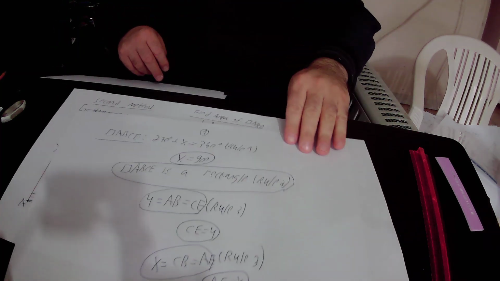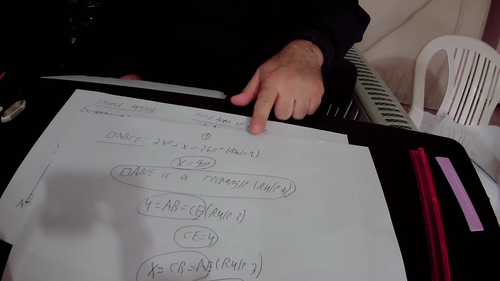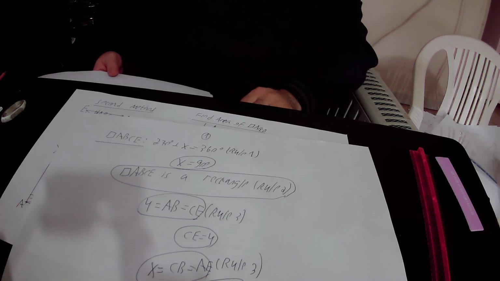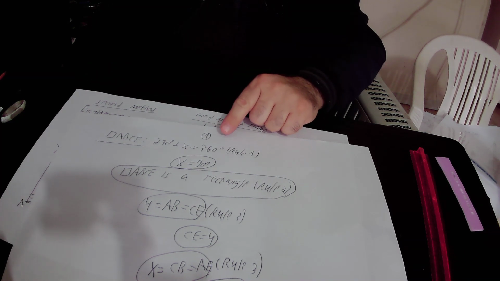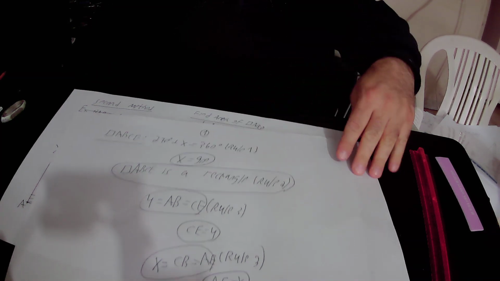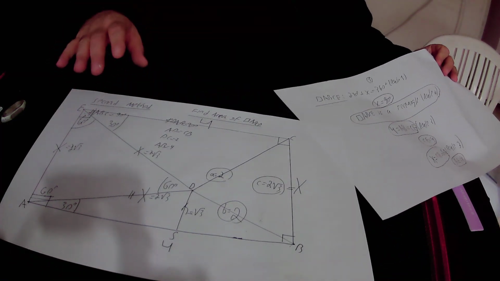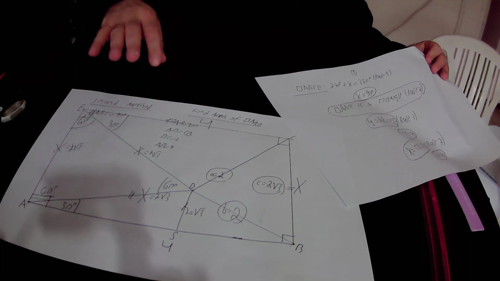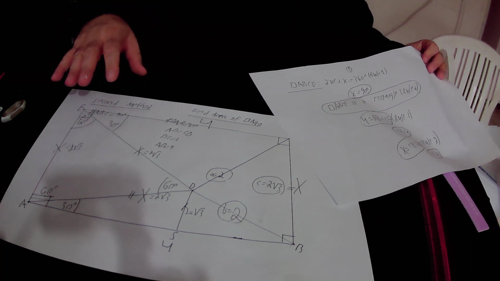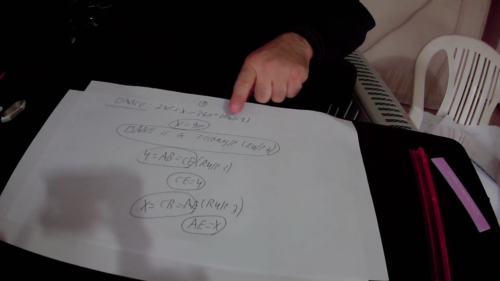In quadrilateral ABCE, 270 degrees plus x must equal 360 degrees. We subtracted 270 degrees from this equation, and we got that angle x equals 90 degrees. So angle x is a right angle. So quadrilateral ABCE has 4 right angles. Therefore, we can relate to quadrilateral ABCE as a rectangle according to rule number 2. Quadrilateral ABCE is a rectangle.